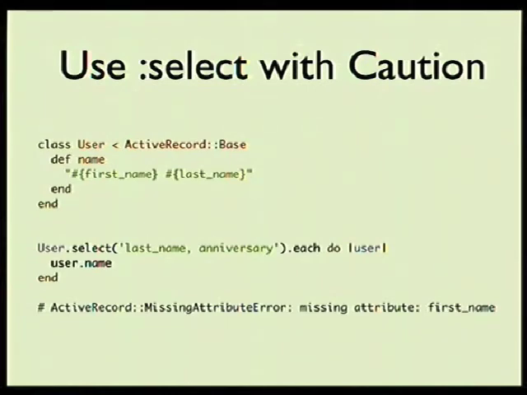If something you're using depends on an attribute existing, like name in this example, and you are not returning it in the select clause, it won't just return nil. It'll raise an exception, a missing attribute error. I'm not saying don't use select. It obviously has uses, but be aware that this can happen, so in some instances you might not want to always assume a certain attribute's available.